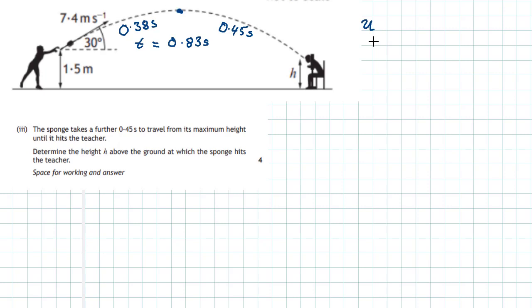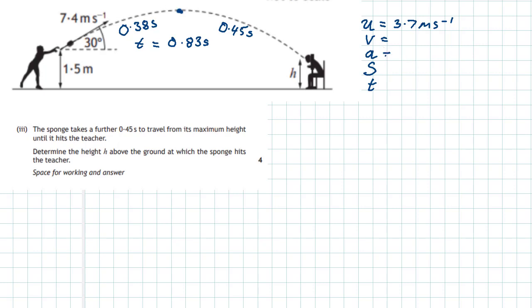u, the initial vertical velocity; v, the vertical velocity at that particular time; a, the acceleration, which we know is acceleration due to the force of gravity; and s is the vertical displacement, which we're going to be looking for; and t will be the time at that particular moment. So filling in the data, u equals 3.7 meters per second. That's the initial vertical velocity. We don't know the velocity at that particular time, so we leave it blank.